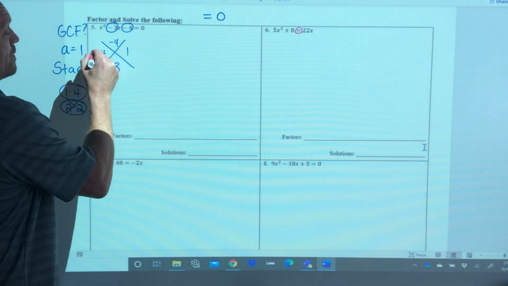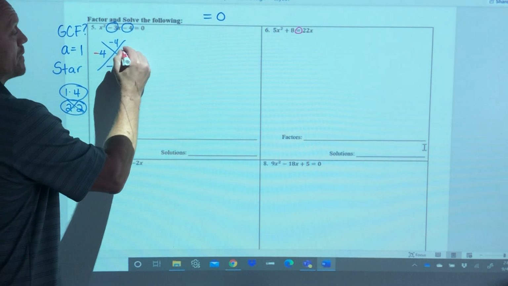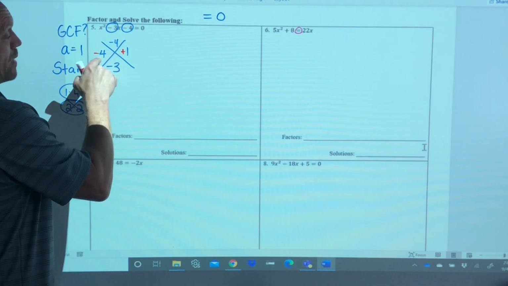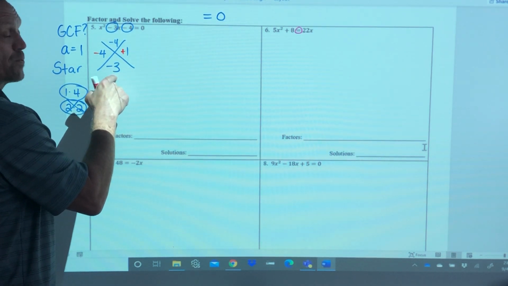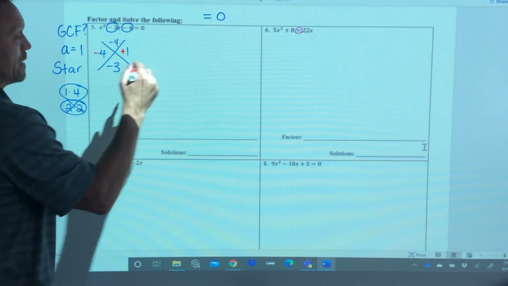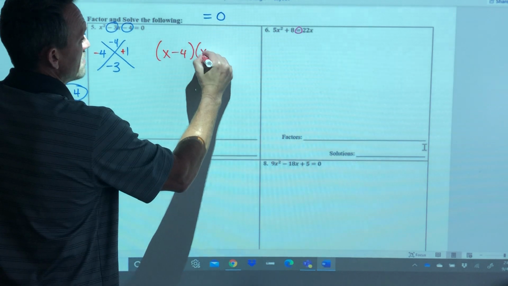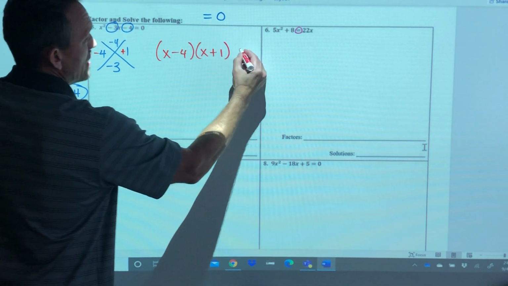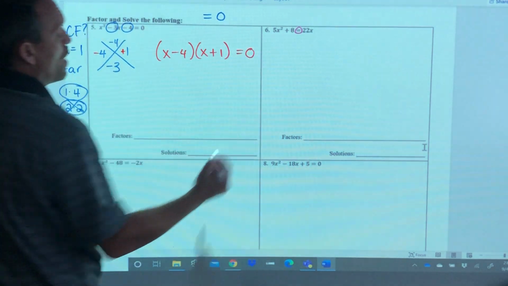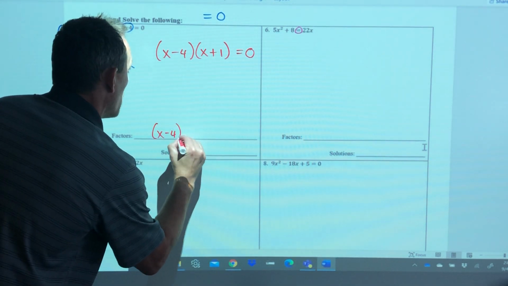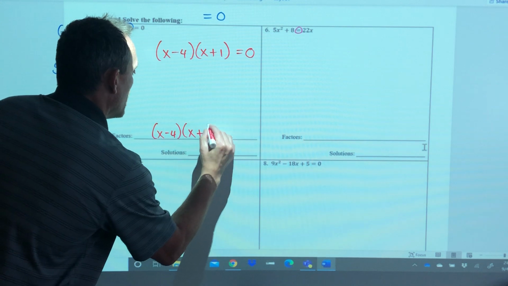Since this is negative, the largest number is negative, then a positive. So I have negative 4 plus 1 is negative 3. Negative 4 times 1 is negative 4. Here are my factors, and here's the difference. Equals 0. Okay, so those are my factors. My factors are x minus 4 and x plus 1.